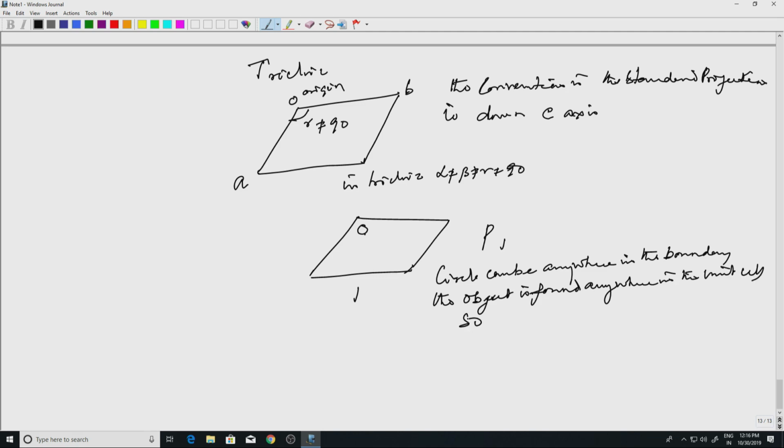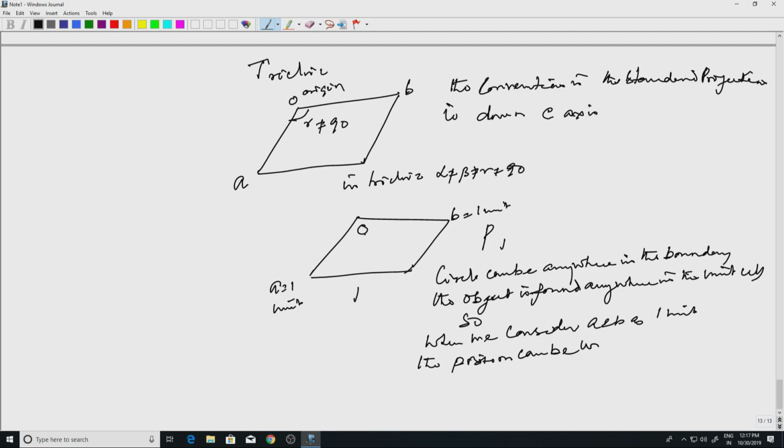So when we consider A is equal to 1 unit, B is equal to 1 unit, the position can be written in fraction as x, y, z.